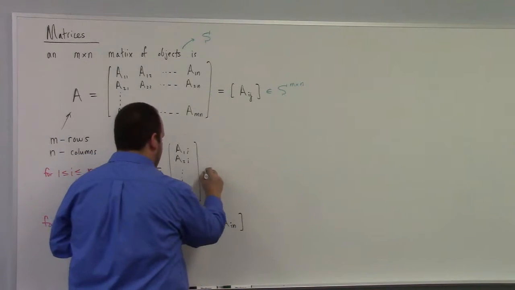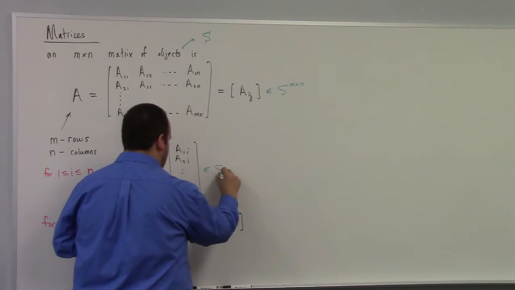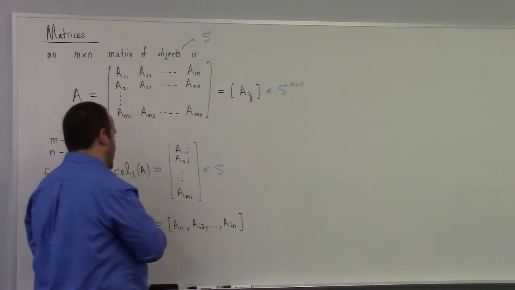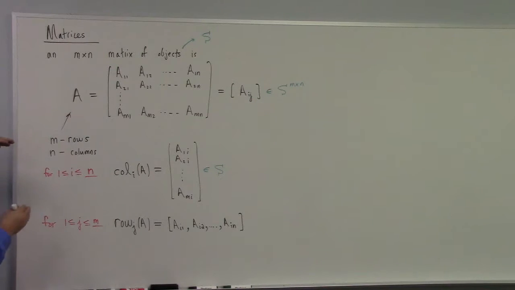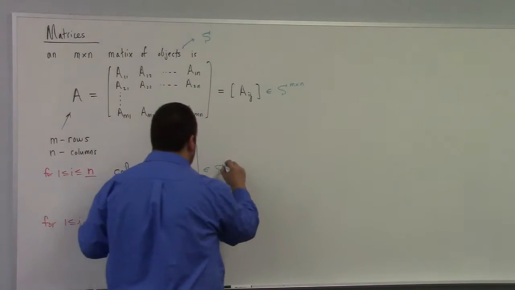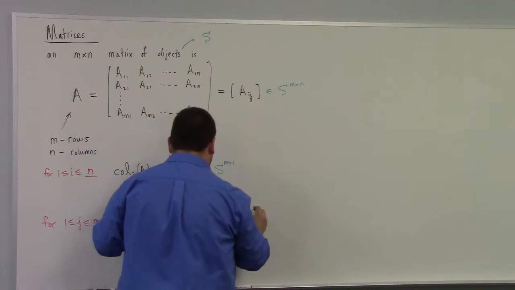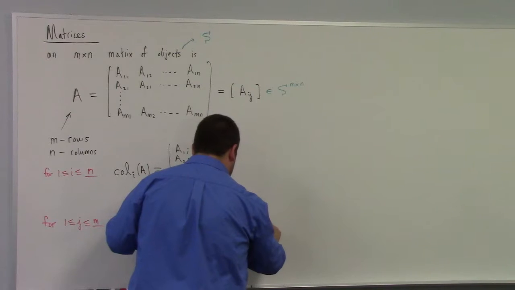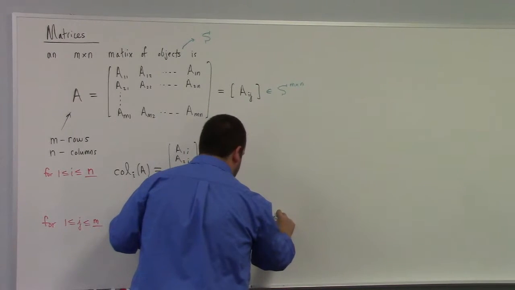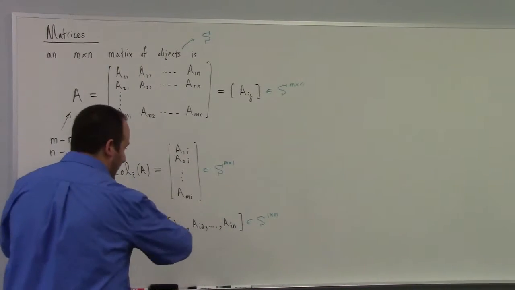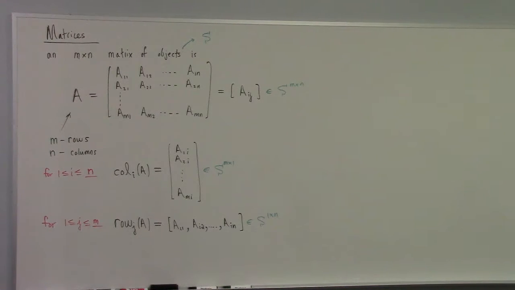The ith column is an element of what then? It's an element of S. What kind of thing is this? It's got m rows, but it's got one column. So this is an S m by 1. And down here you have an element of S 1 by n, because we have one row and n columns. So rows and columns are special kind of matrices, all right?